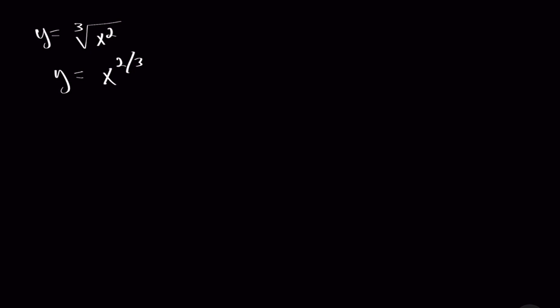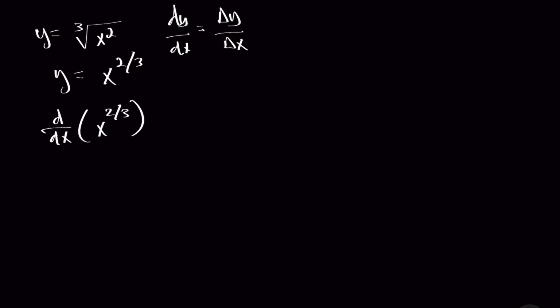Okay, so now we can take the derivative, d over dx. Some of you guys might have dy dx, or some of you guys might have delta y over delta x, same thing. We're just taking the derivative of this function in particular. So now we have n equal to 2/3, so we can multiply 2/3 times x to the power of 2/3 minus 1.